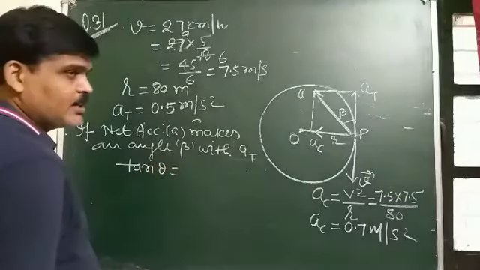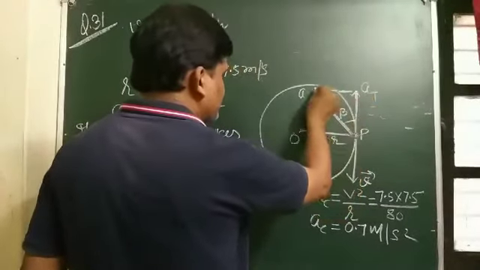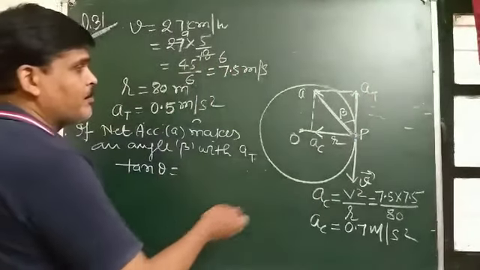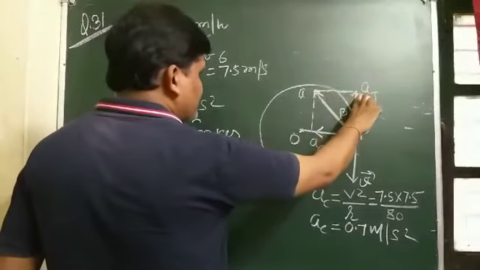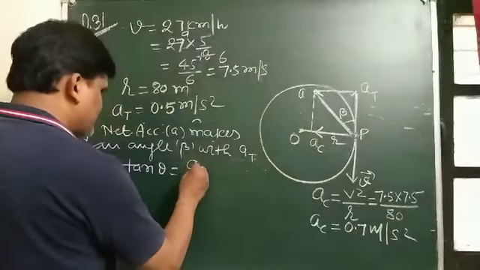Tan theta, we know that is what? This is the base, this is the perpendicular. Tan theta is perpendicular by base, and this perpendicular is what? AC.